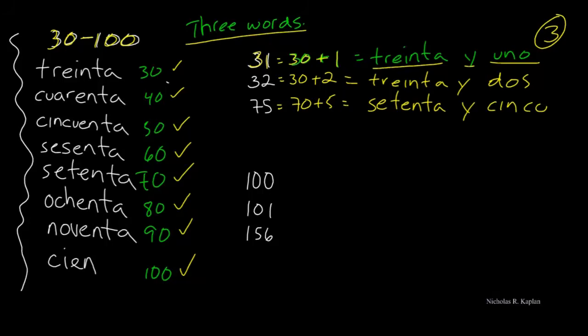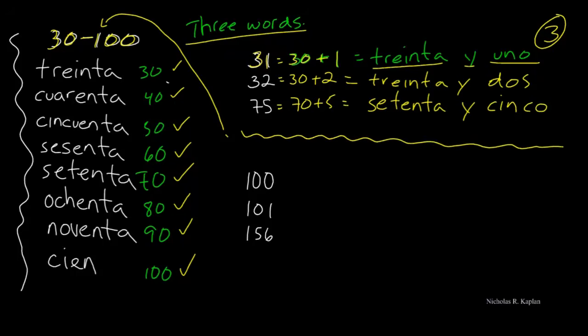75. The numbers that we have for 30 to 100 are pretty straightforward, but there is one that we need to look out for, and that's when we get up past 100. It changes just a little bit. So if we have exactly 100, we have CIEN. 1, 2, 3, 4, and I count all the way to 100, or I say I have 100 chickens, CIEN.